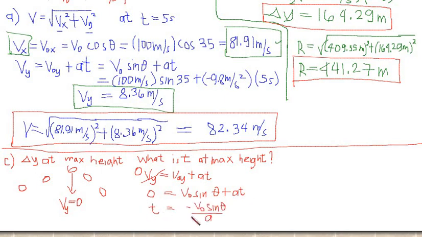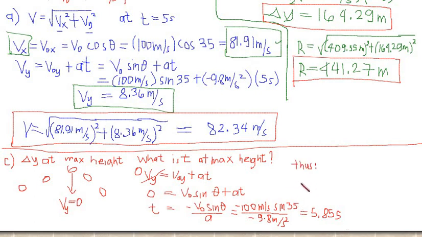Therefore, our time is just equal to the negative of v0 sine theta over a. Now remember, the acceleration is negative 9.8 meters per second squared, so it becomes positive here. The value of the time is 5.85 seconds.